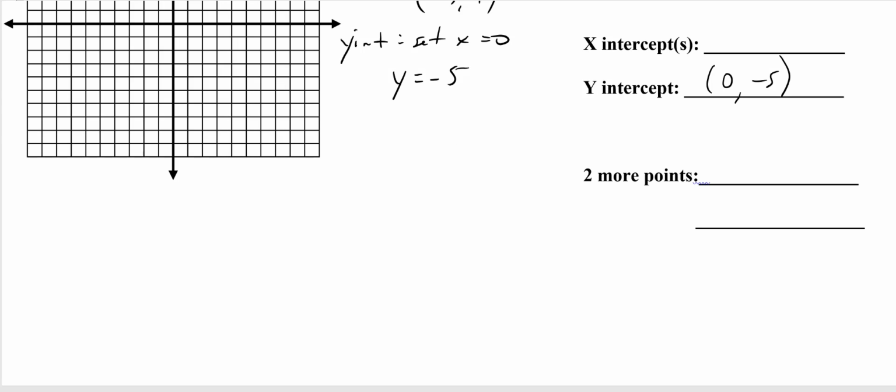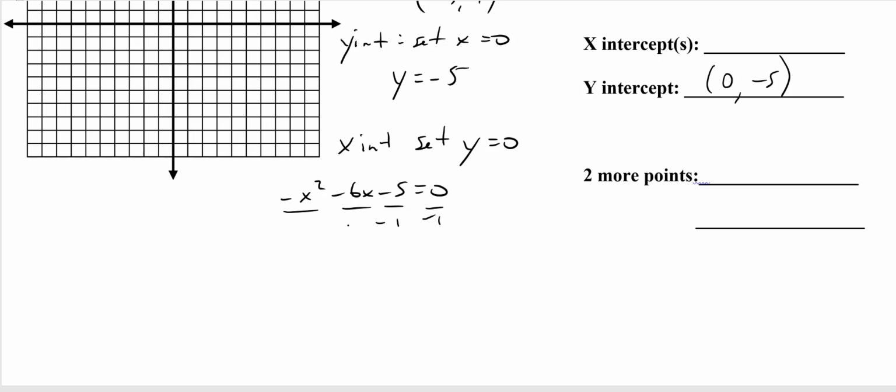Okay, now to get the x-intercept, we are going to set y equal to 0. So basically, I'm going to set that equation equal to 0, which is negative x squared minus 6x minus 5 equals 0. So I'm going to divide everything by negative 1. And you get x squared plus 6x plus 5 equals 0. And you can do your factor box.